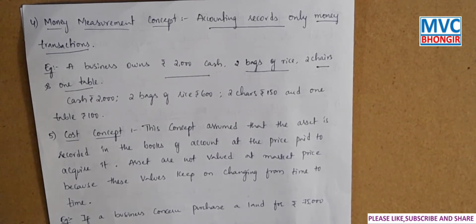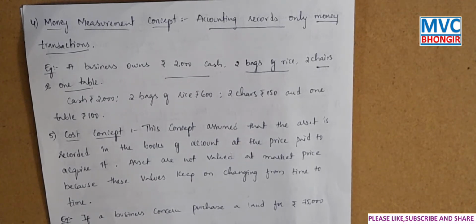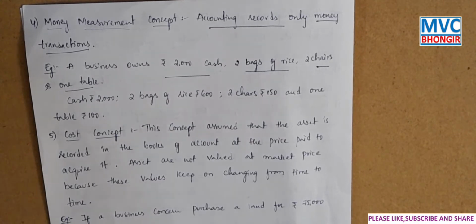So we can consider it as cash rupees 2000, 2 bags of rice rupees 600, 2 chairs rupees 150 and 1 table rupees 100. One may conclude that the business owns rupees 2850. So we have to add all these together and write in the books of accounts.